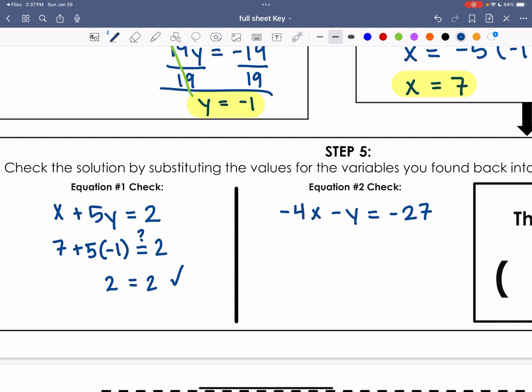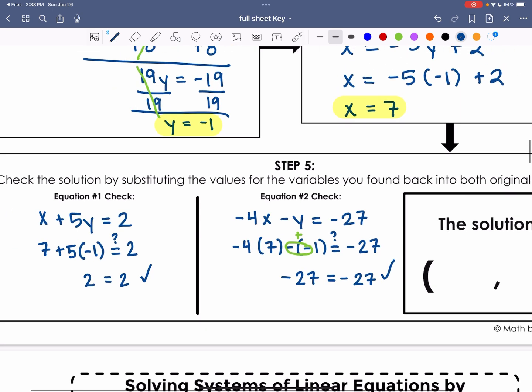Going to our second equation, negative 4 times 7 minus our y value of negative 1, we need to check is actually negative 27. So negative 4 times 7 gives us negative 28. And then right here, if you were really careful with showing your work, you would have found that this becomes a plus 1. So negative 28 plus 1 is negative 27. So this also checks out.